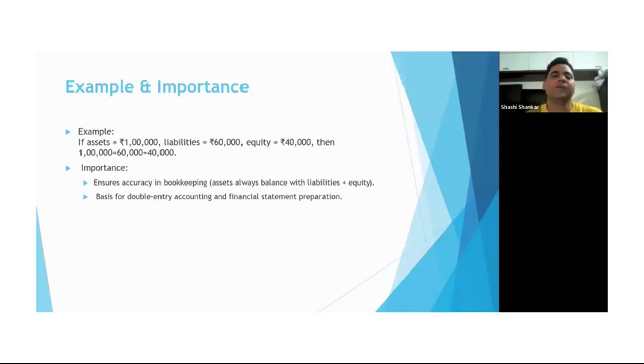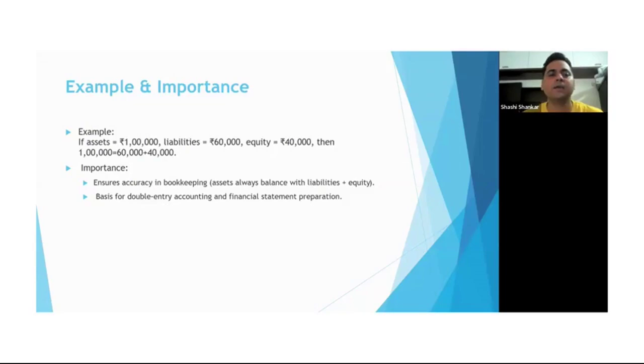If it is not followed, the financial statements will not be prepared accurately and the analysis might go wrong, because with the help of financial statements, stakeholders or managers can take decisions. So it is always helpful to check whether the double entry accounting has been done correctly or the financial statements prepared correctly.